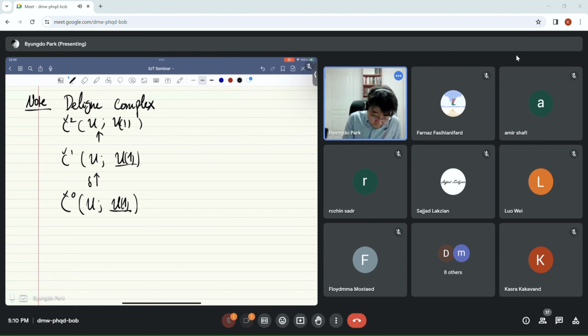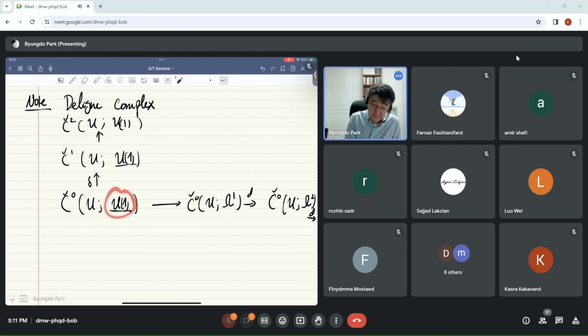Then you have Čech degree 0 on an open cover, but then over each open set you have one form. So these are like U1 valued functions, but here is one form. Then similarly, two form, and so on. And then you take D here. Here you should be a little bit careful because it's from U1 valued functions. You don't take just D, but you have to take D log. Just a little bit of technicality here.